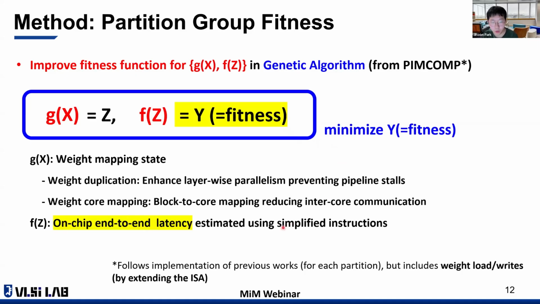When we estimate this end-to-end latency using simplified instructions, we follow the implementation of previous work, but we include the weight loads and writes by extending the ISA.